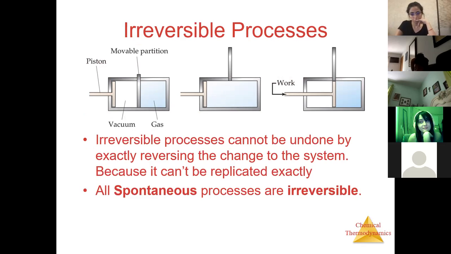Again, you can't replicate the infinitesimally small steps. You can't replicate those exactly. So therefore, the irreversible process can't be undone. Spontaneous processes are always irreversible. Do you have any questions out there so far?